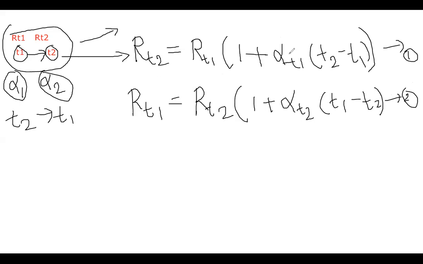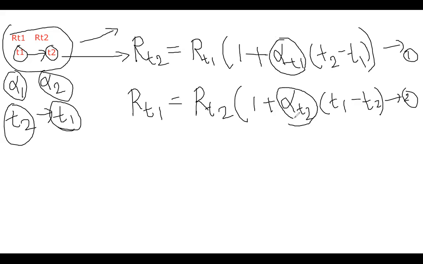For the first equation, whatever temperature you have at the initial condition, you consider alpha T1. In the reverse case, when the temperature is T2 and you go to T1, whatever alpha value you have obtained is the alpha T2 temperature coefficient.